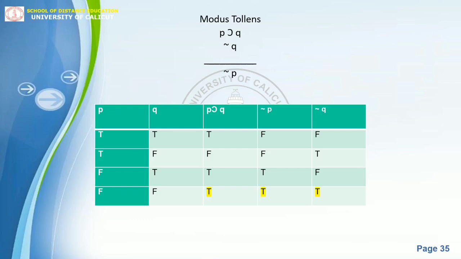We are checking if there is any substitution instance with true premises and false conclusion. We have found no such instance, hence we can state that this argument form is valid.